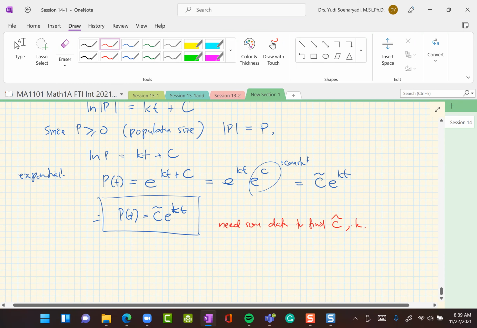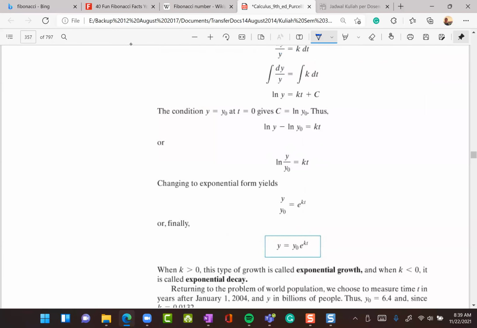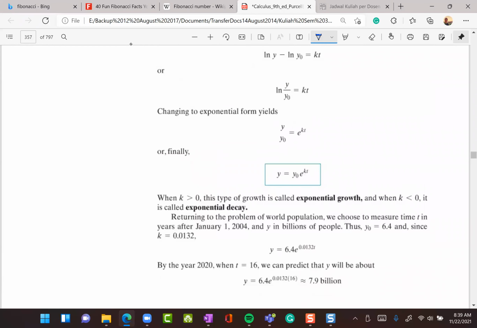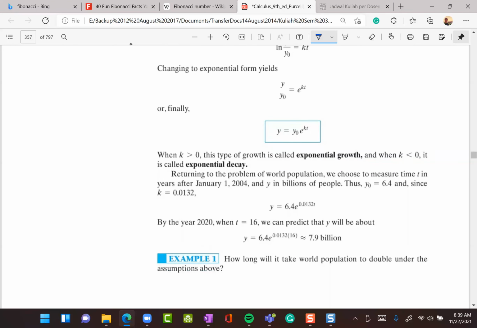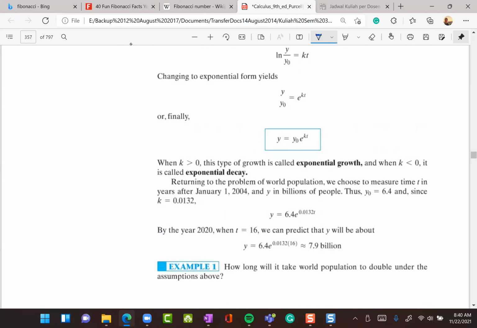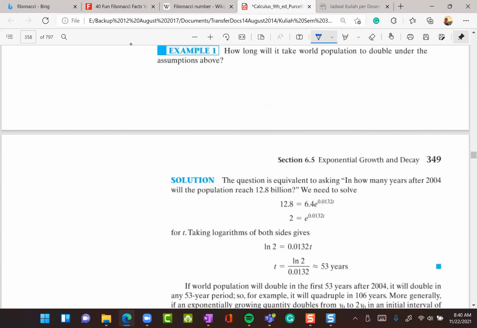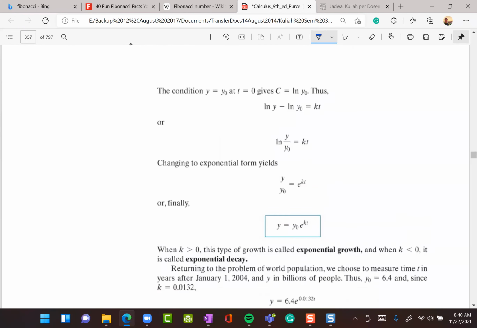All right, so let's take one example problem.